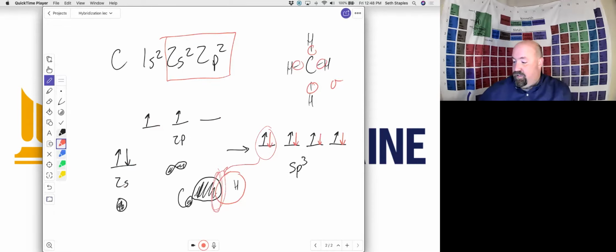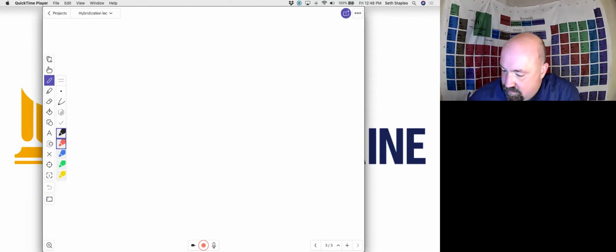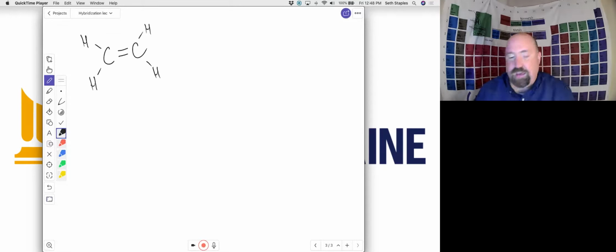Let's take a look at another example, a molecule of ethene. Ethene consists of two carbons double bonded to each other, and then hydrogens hanging off each of the carbons. Let's focus on this carbon right here.